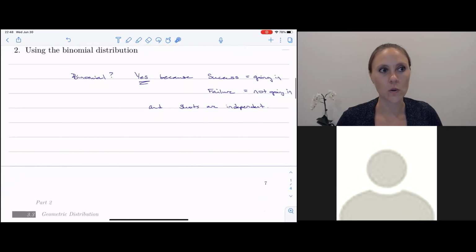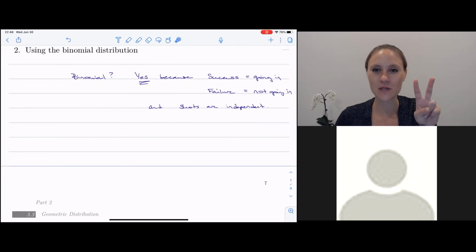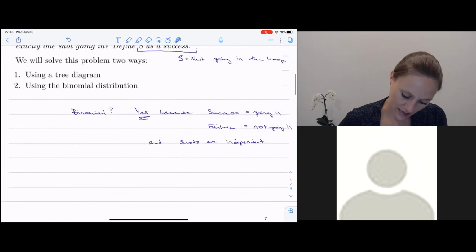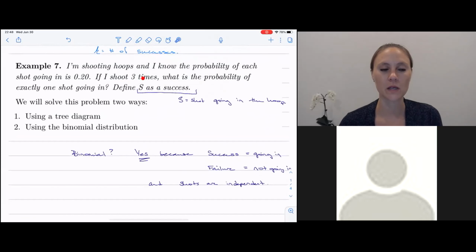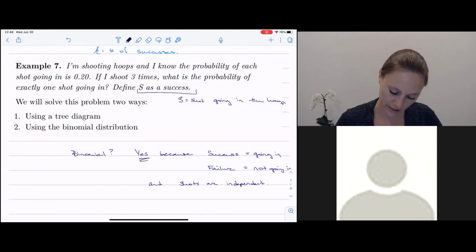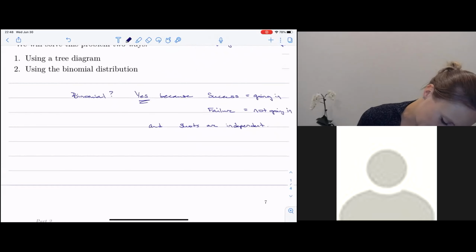With only 2 outcomes at each shot, if I shoot 3 times, I'm going to draw this tree diagram just to have a look.